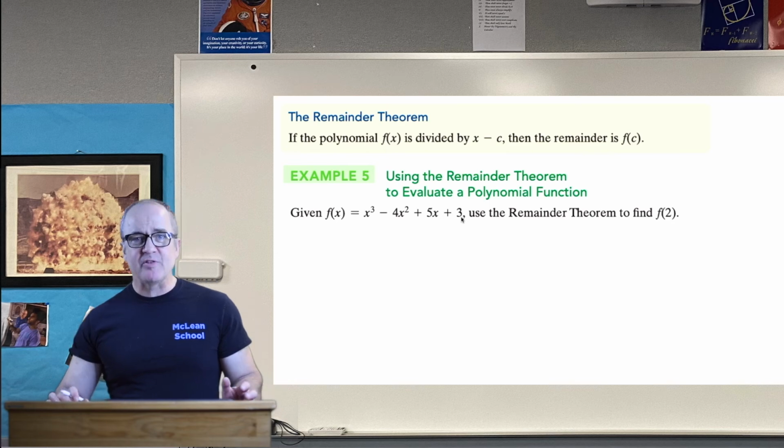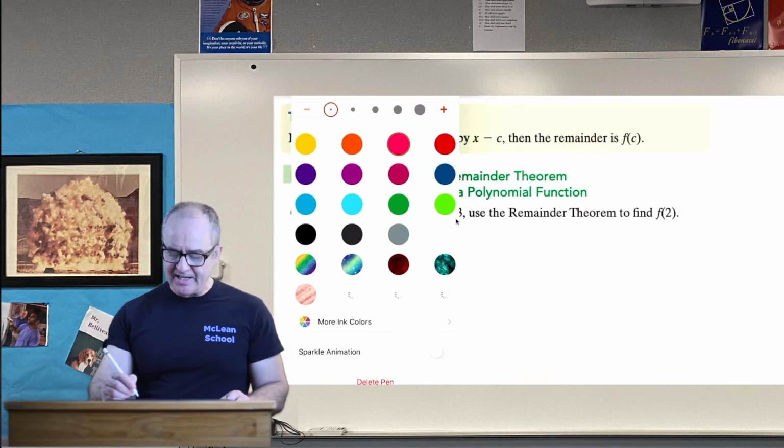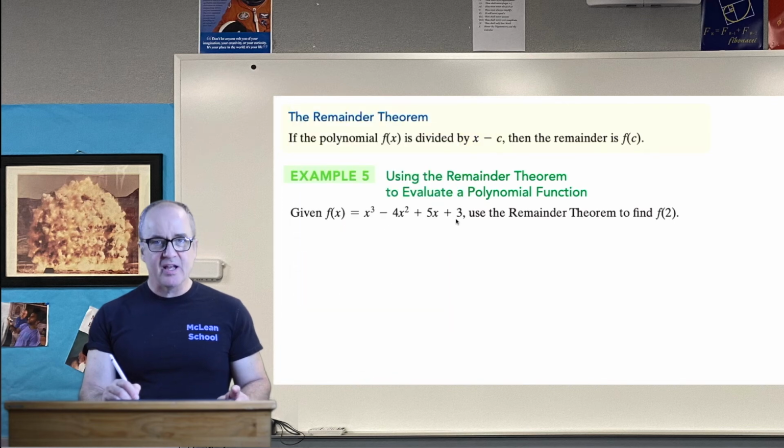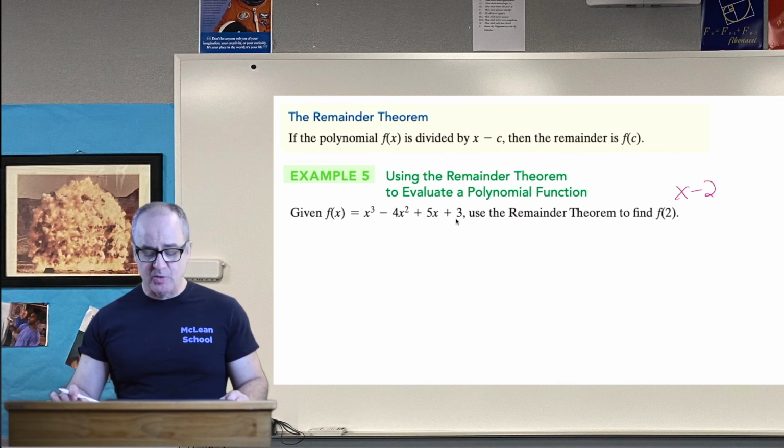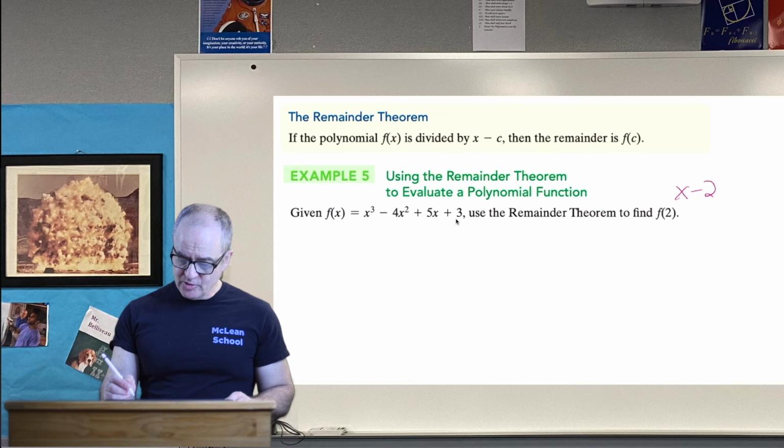And for some of you, that may be the fastest way to do it. But another thing you can do is check to see if the factor x minus 2 goes in evenly, and if it doesn't and you get a remainder, that remainder will be the same thing as if you plug 2 in.